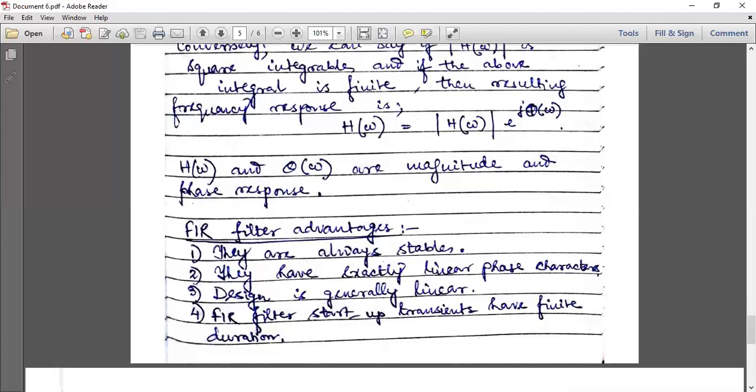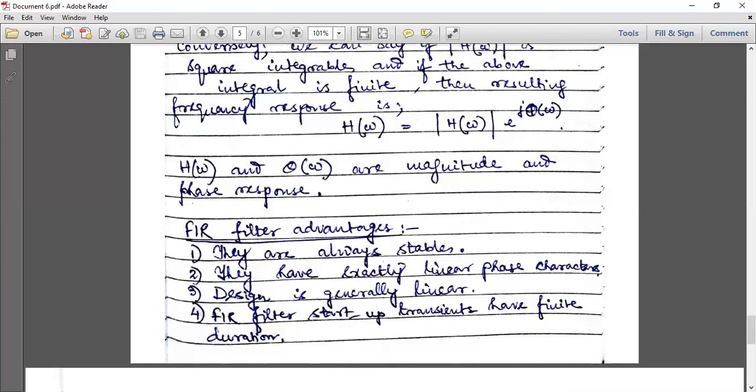Now, apart from these advantages, don't think there are zero disadvantages. There are disadvantages. So what are those disadvantages? Their memory requirement and execution time are very high.